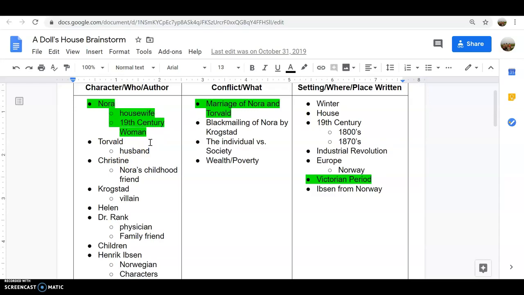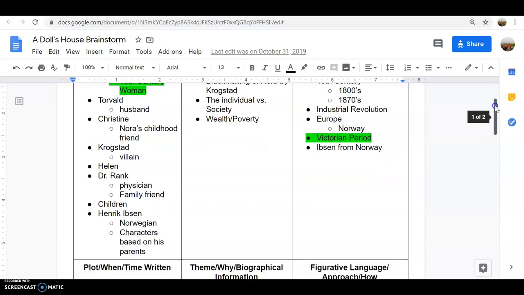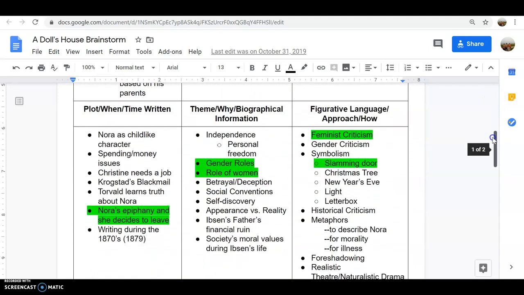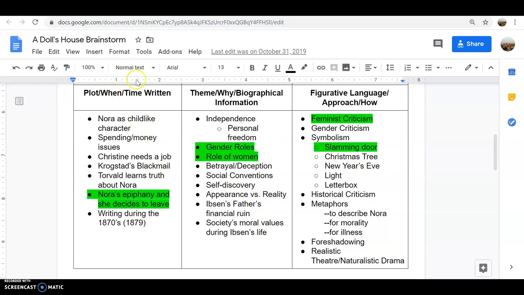This idea of a 19th century woman interests me as far as feminism goes for this play. Her marriage to Torvald. What is the Victorian period's influence on this as far as time goes? Thinking about plot or when things were written. At some point in the play towards the end, so under plot, she has this epiphany and this big decision to take off and leave.